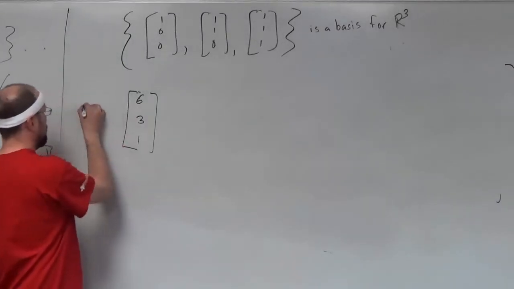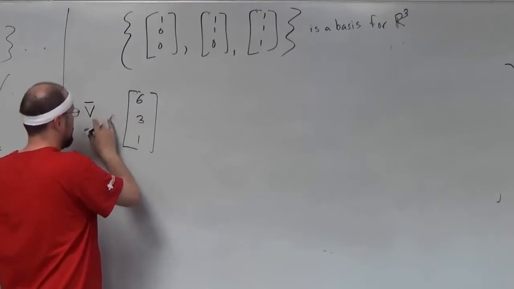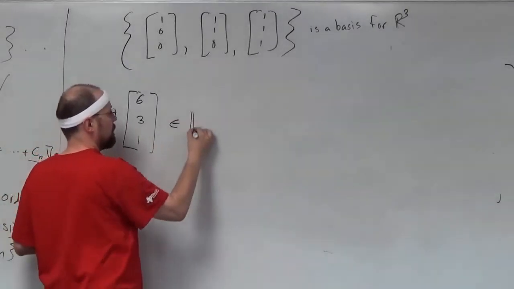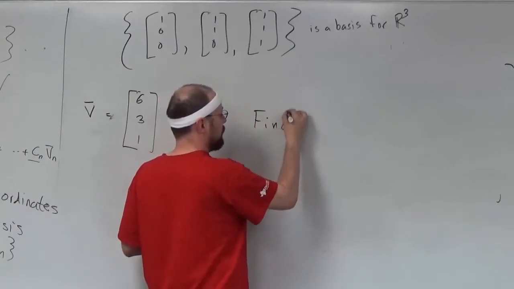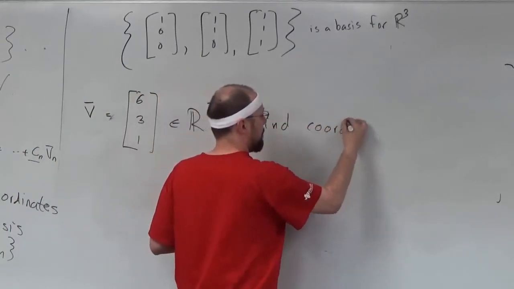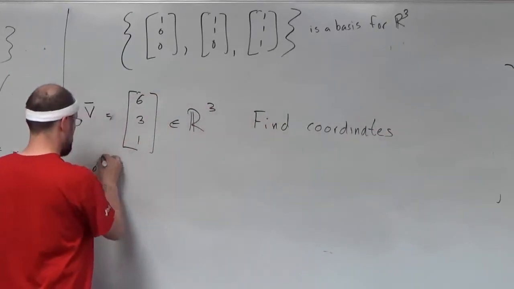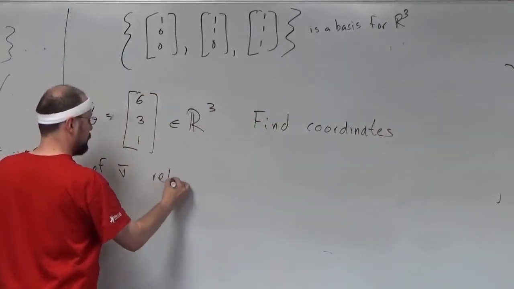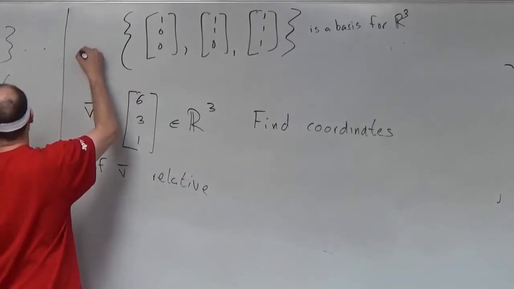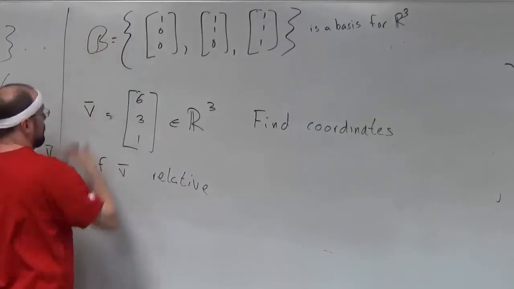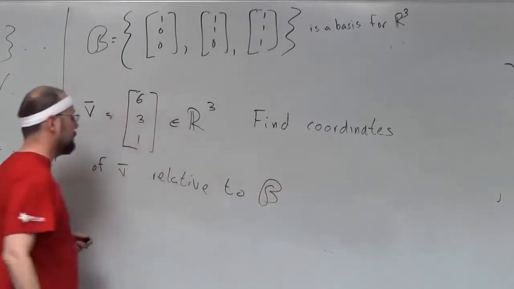So here's an arbitrary vector I picked from R3, and your job is to find the coordinates of this vector relative to this non-standard basis, called basis B.